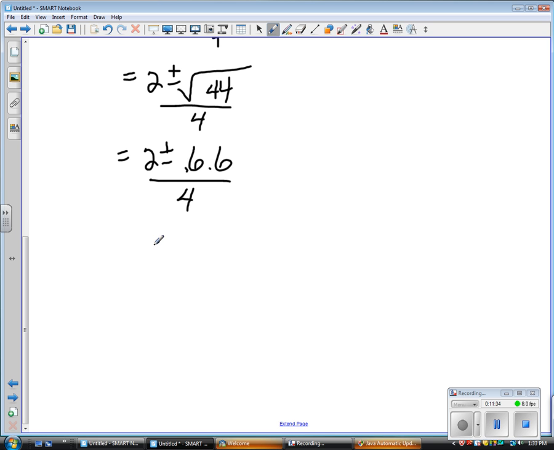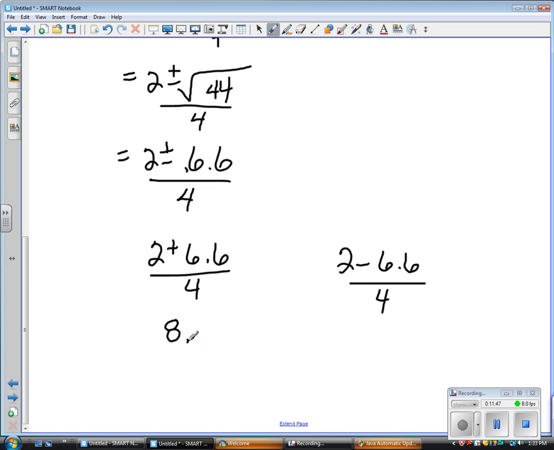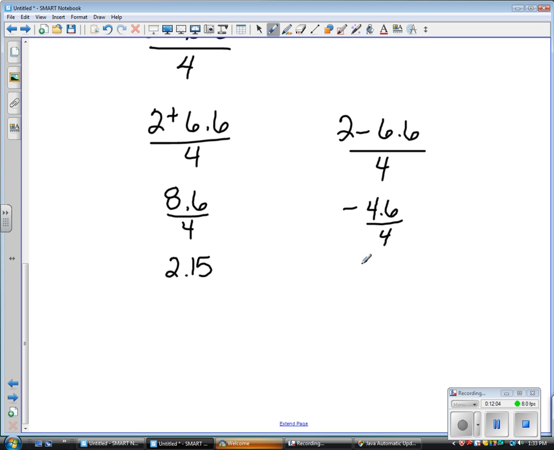Now at this point I'm going to break off my 2 problems. I have 2 plus 6.6 divided by 4, and I have 2 minus 6.6 divided by 4. This gives me 8.6, which gives me what, 2.15? Somebody do the math. Yes, it is 2.15.